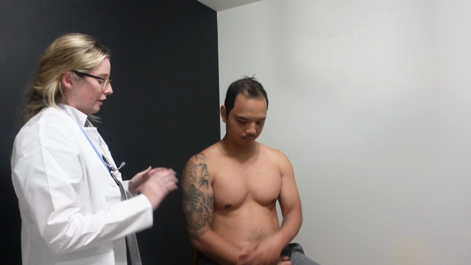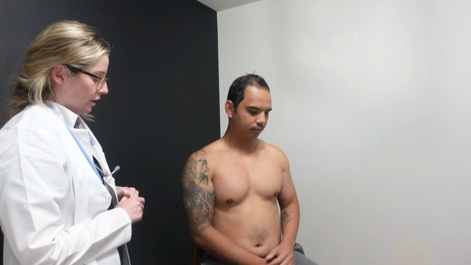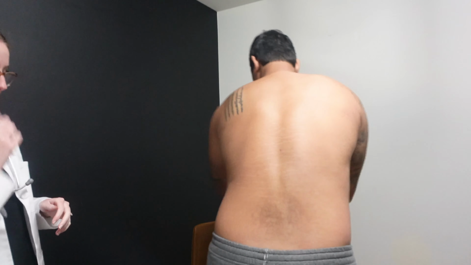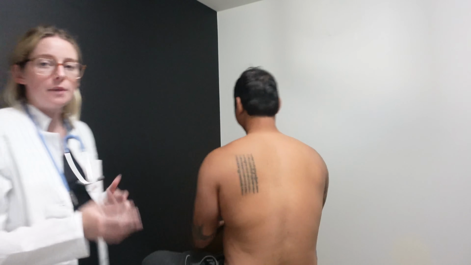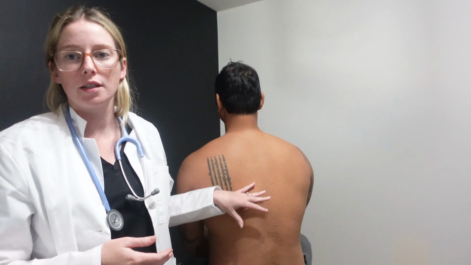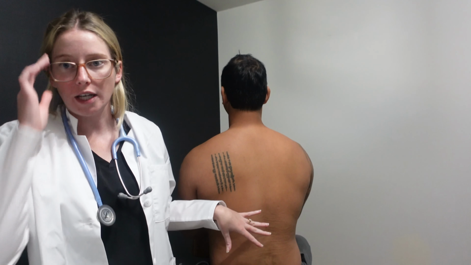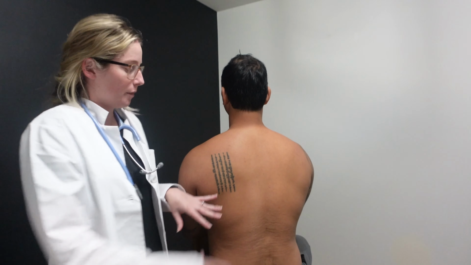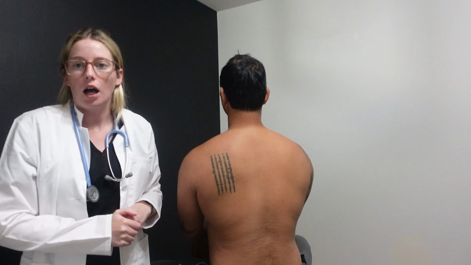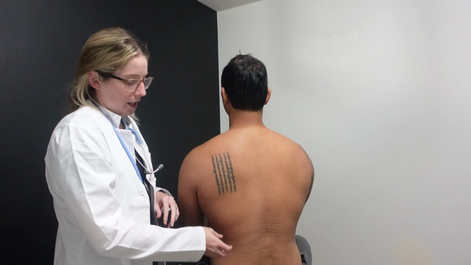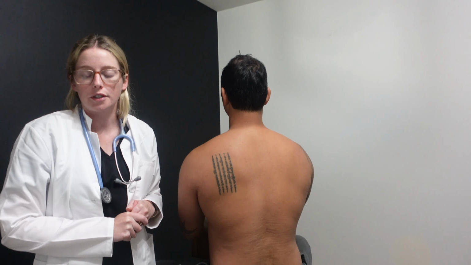And then for the next part, I'm going to have you turn around. I'm doing all the same inspections on the posterior side that I did on the anterior side, making sure it's symmetrical and we're not seeing any excess muscles being used, all those things we talked about.